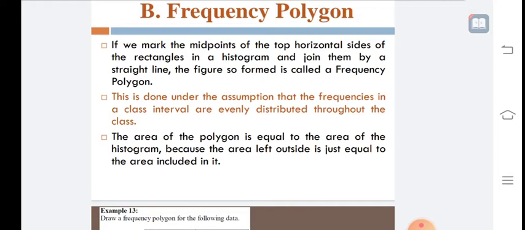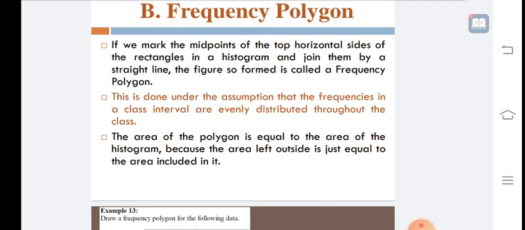We can construct it by joining the middle points of the upper horizontal lines of the rectangles, or by plotting the class midpoints or discrete variables along the x-axis and the frequency along the y-axis.